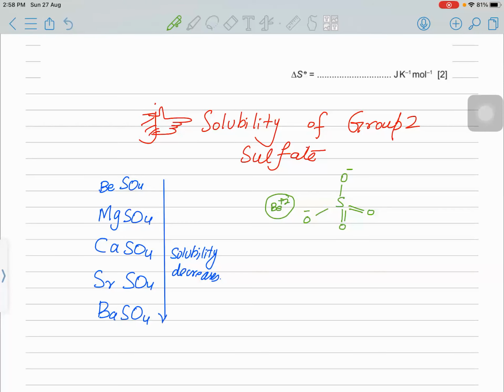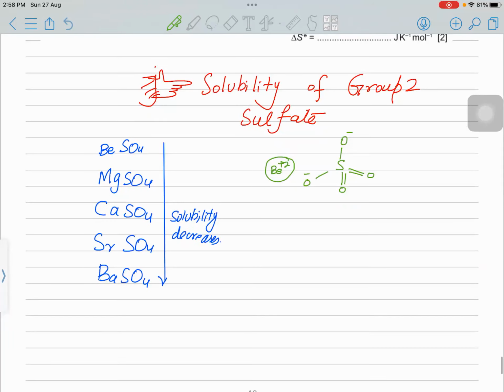This is beryllium, right? Now here we have barium. Barium plus 2, sulfur, oxygen minus.